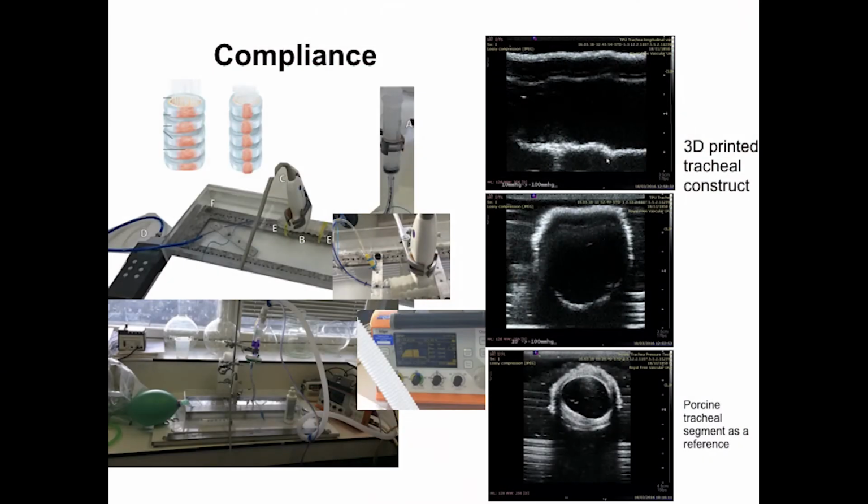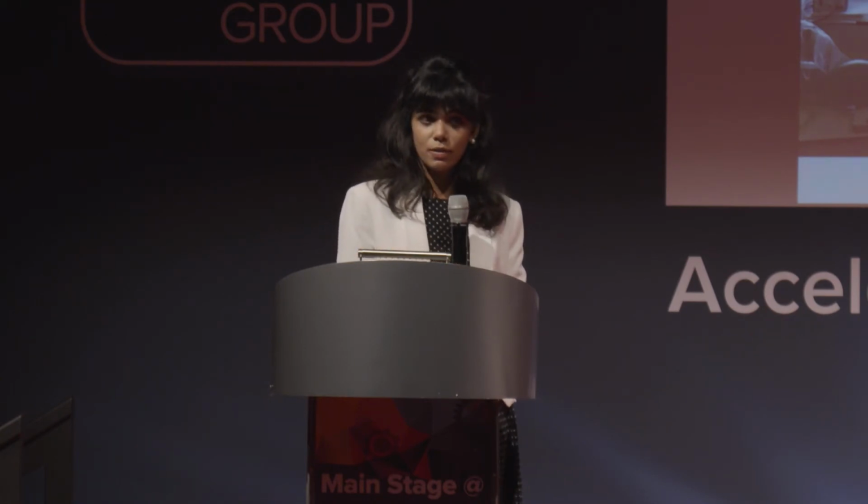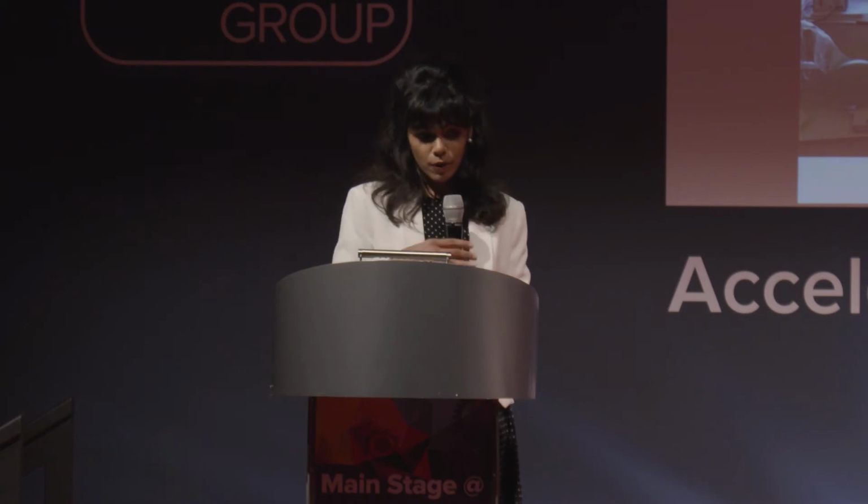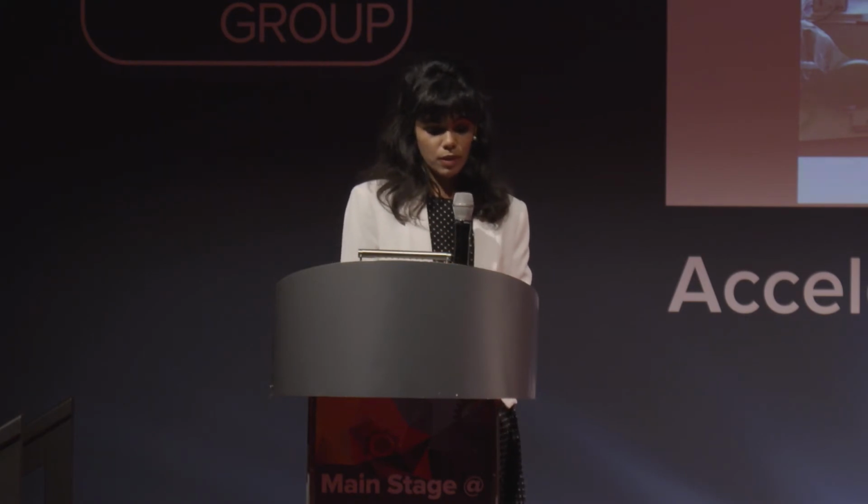The very top one is a longitudinal view, and the middle one is a cross view. It moves okay, but there could be a little more flexibility. This is what we achieved, and it is a great achievement with the flexibility, though not as close as the porcine trachea yet.